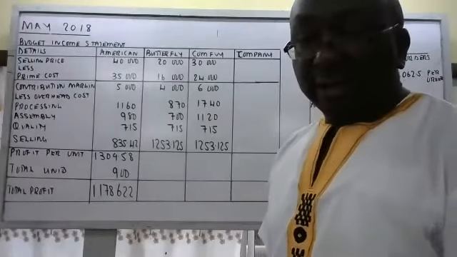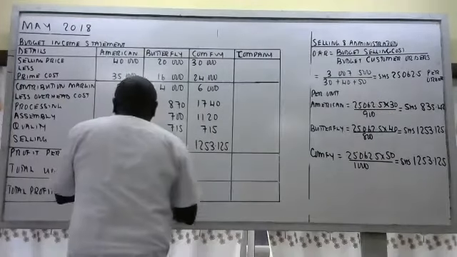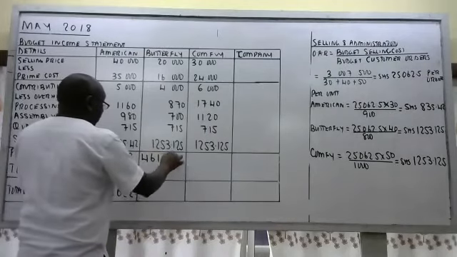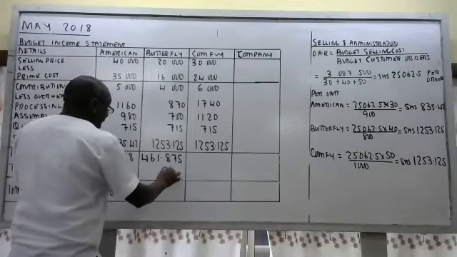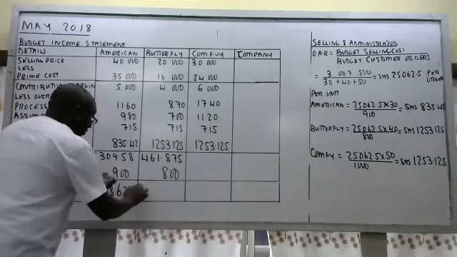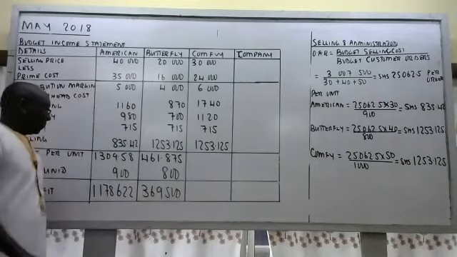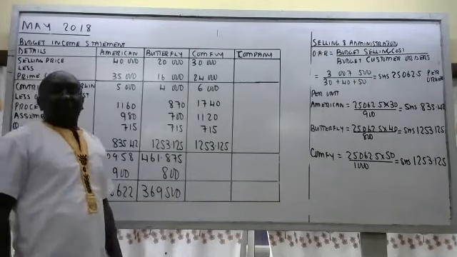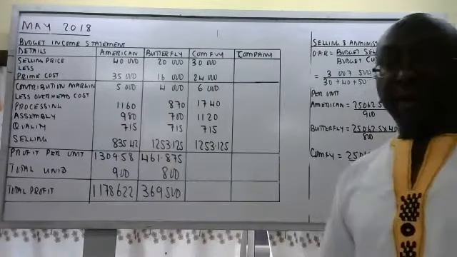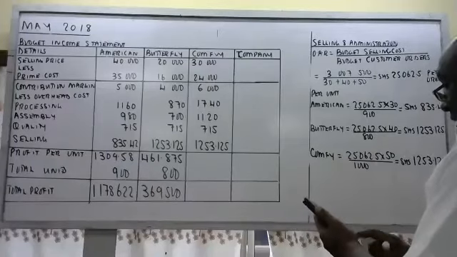You can see the figures are in agreement. 461.875 multiplied by the number of units, 800, and you record 369,500. Yes, June.